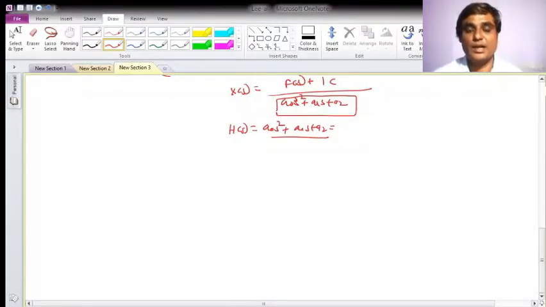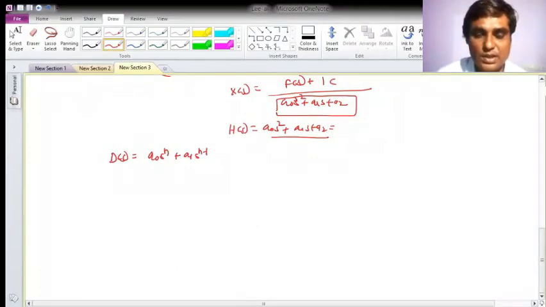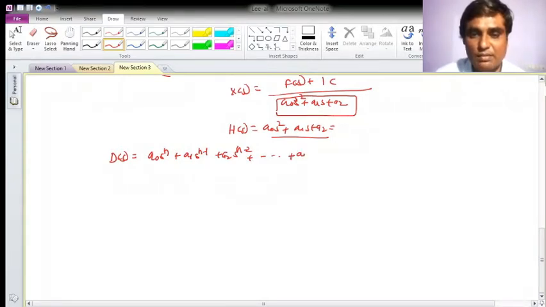And if it is the nth order, it will be a0 s raised to n, a1 s raised to n minus 1, like this. So my denominator polynomial will be generalized: a0 s raised to n plus a1 s raised to n minus 1 plus a2 s raised to n minus 2, like this, up to a(n minus 1) s plus an.